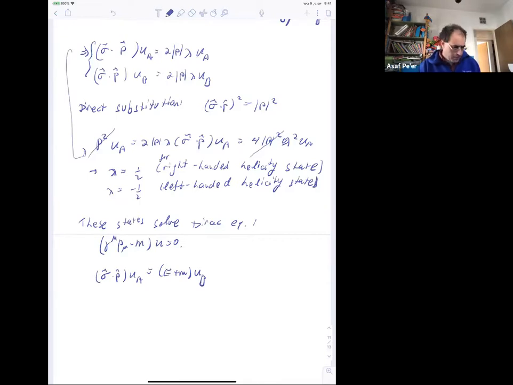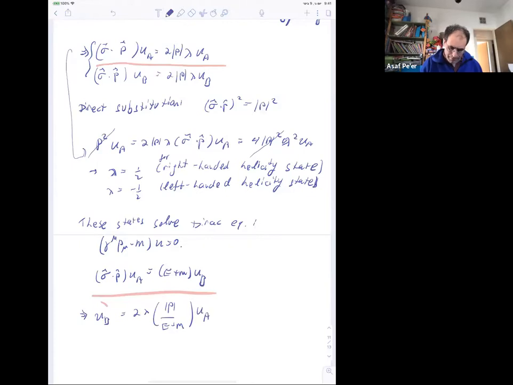So when we combine these results, we end up writing that u_b is equal to lambda p over (E plus m) u_a.